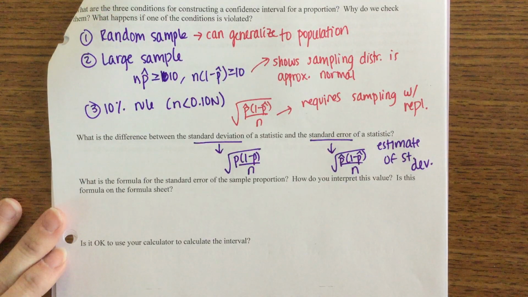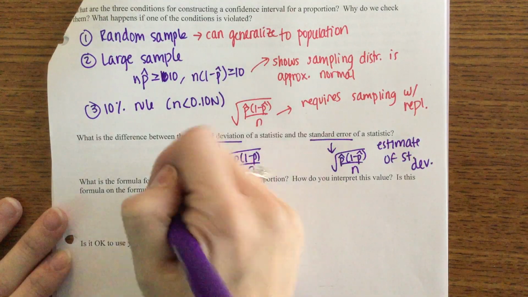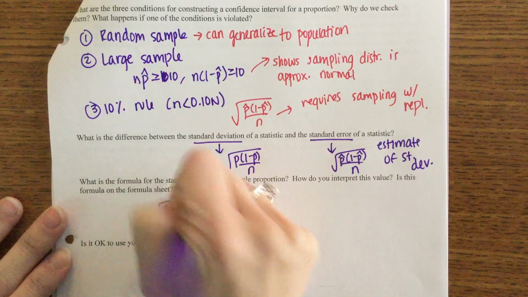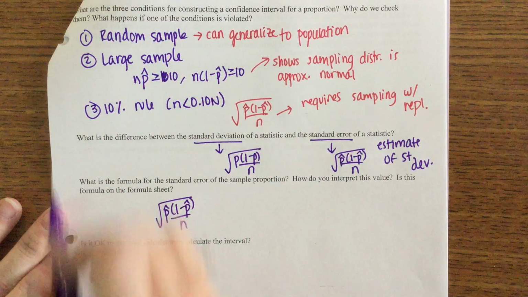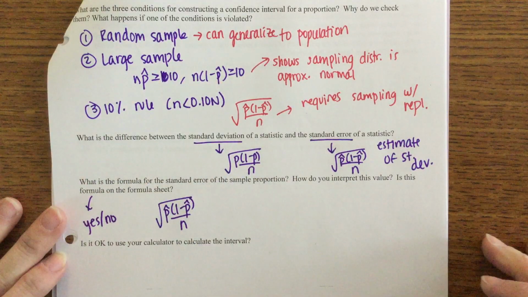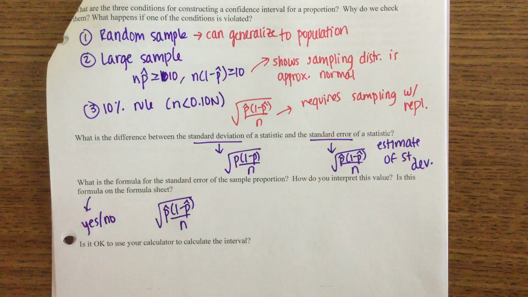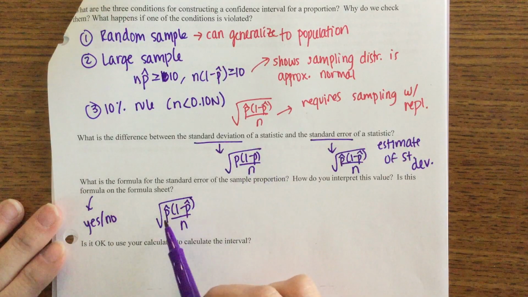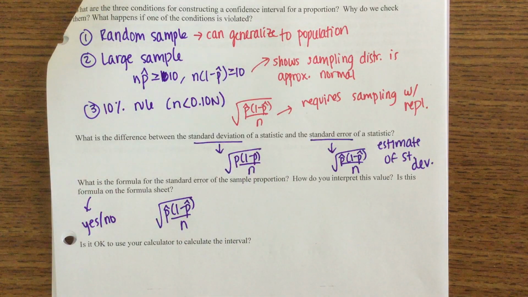Okay, so what is the formula for standard error? I just wrote it down. So you don't have to write it down again if you don't want to, but I'm going to. Is it on the formula sheet? I'm going to say yes/no. So it's kind of on the formula sheet. This one's on the formula sheet, but you have to know that the standard error is p hat and not p.